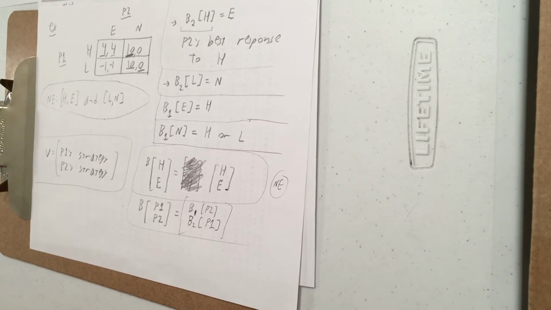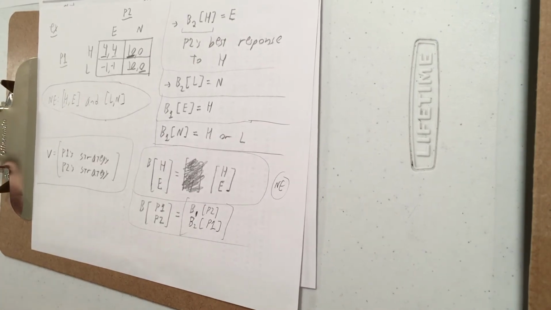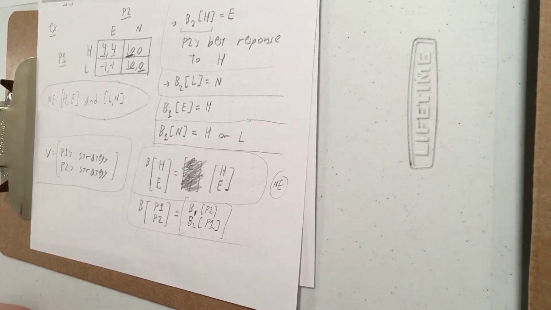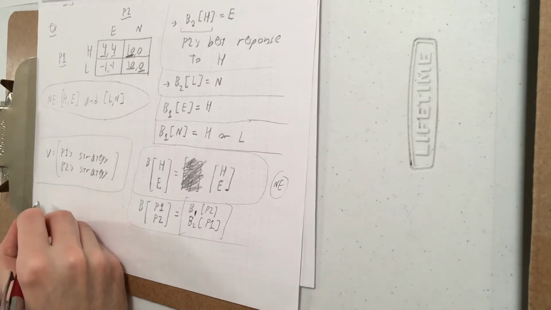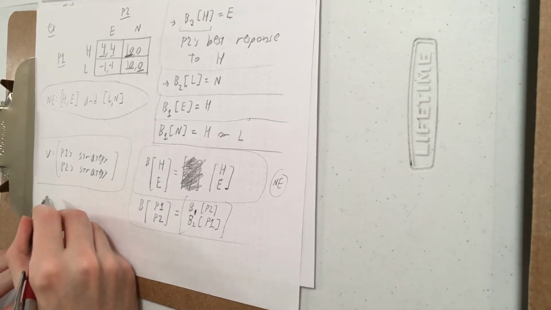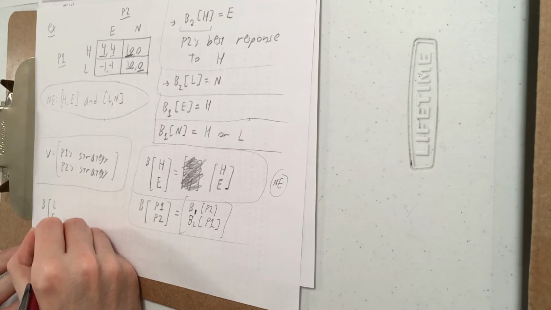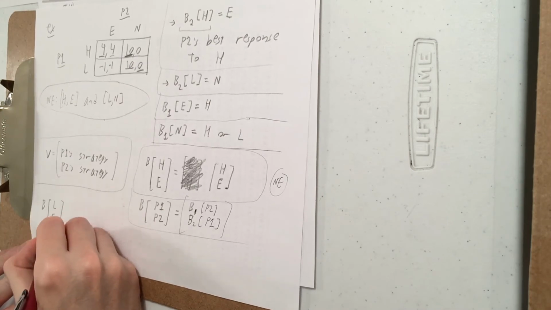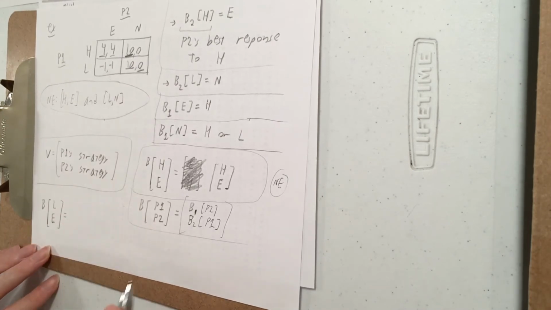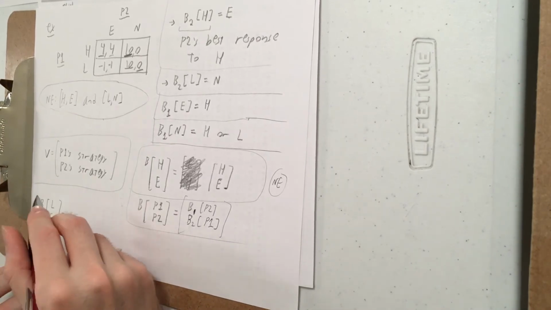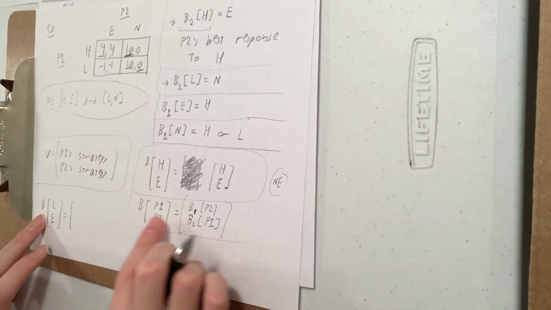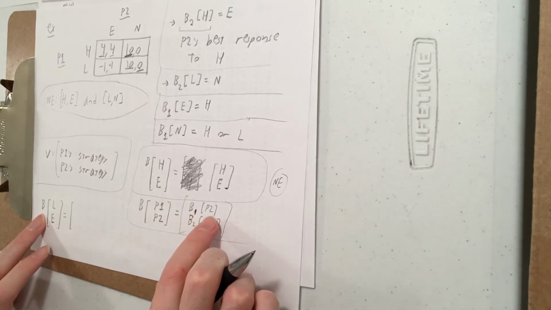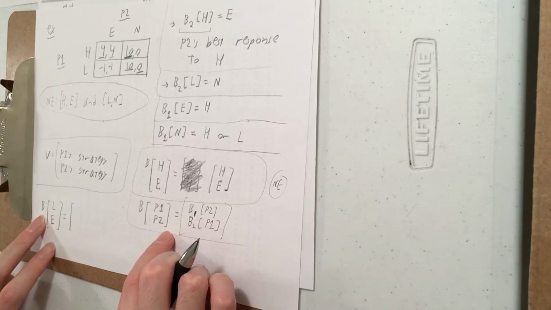Okay, let's do another one, and I'll try not to get mixed up. Let's do best response to LE. So player 1 plays L, and player 2 is playing E. So we have to put player 1's best response to E on top.